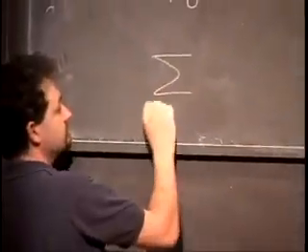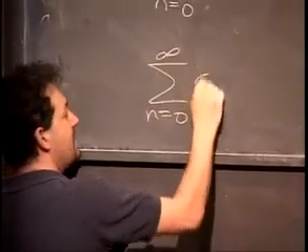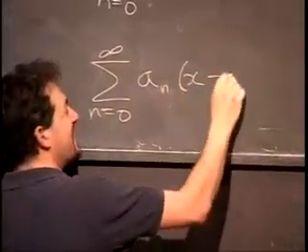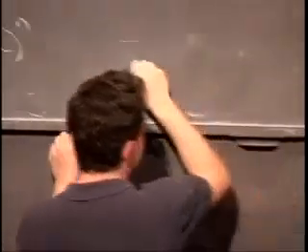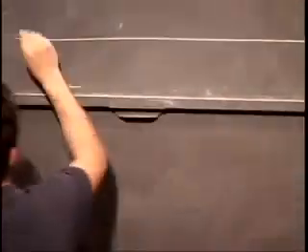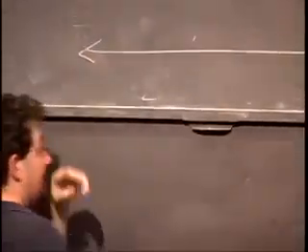Okay, so in general, what can we say about a power series, the sum of a_n times (x minus a) to the n, and where it converges? Well, let's try to draw a little number line here. I want to put a check mark above every number if it converges at that number x, and a cross if it diverges.